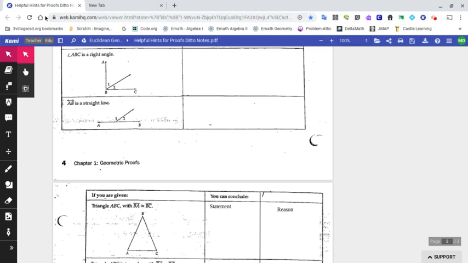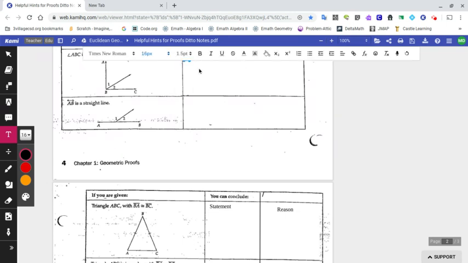Okay, so all right, this one: angle ABC is a right angle. What does it say about angles 1 and 2? Well, angle 1 and angle 2 must be complementary.